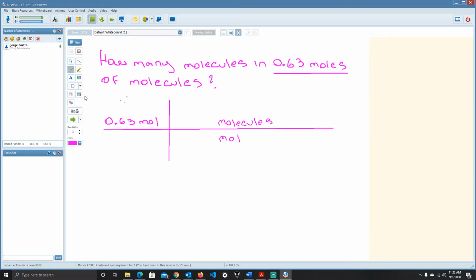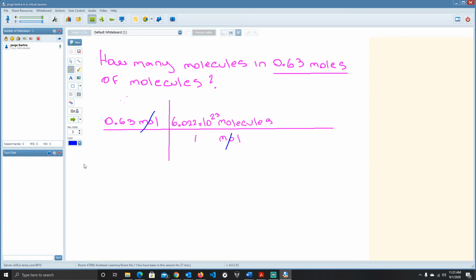Now I say, okay, I know 1 mole is 6.022 times 10 to the 23 of anything, right? In this case, molecules. So I'm going to write here 1 mole at the bottom, and at the top I'm going to write 6.022 times 10 to the 23 molecules. And just like that, you can cancel your units, mole and mole.